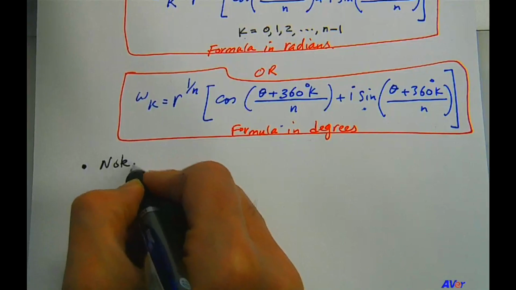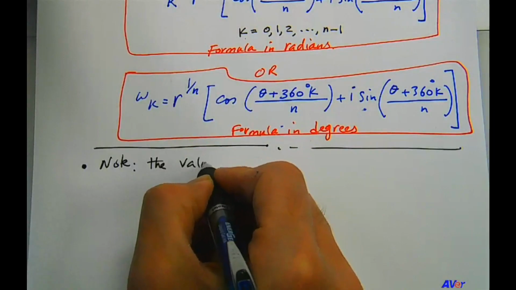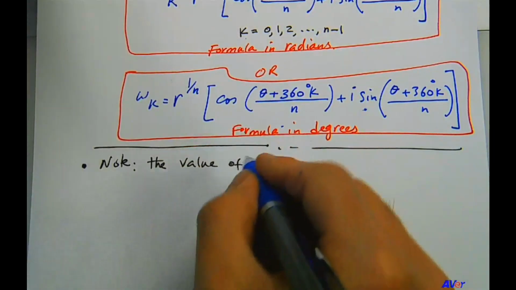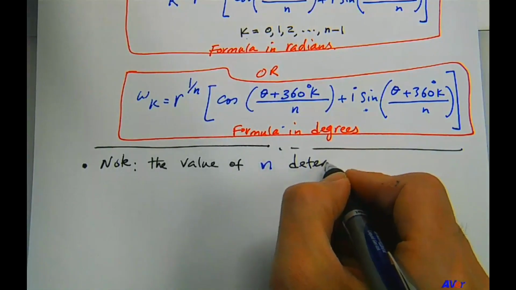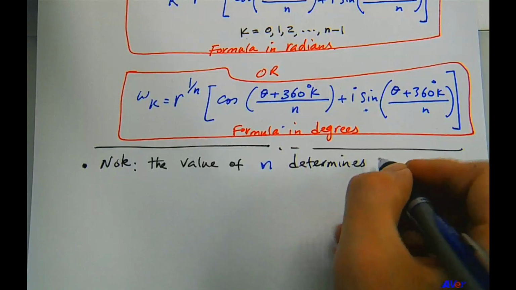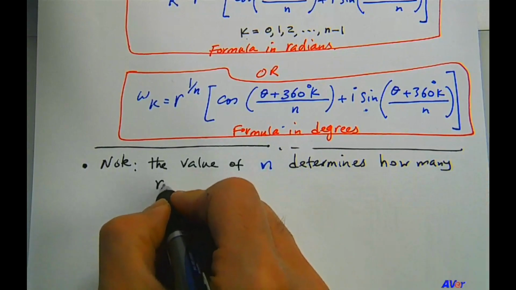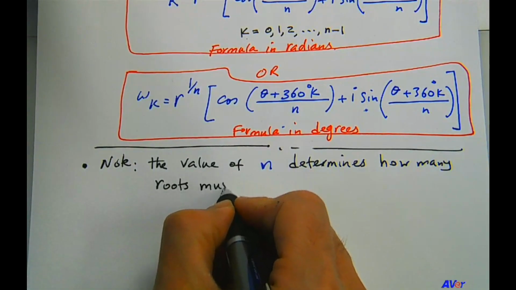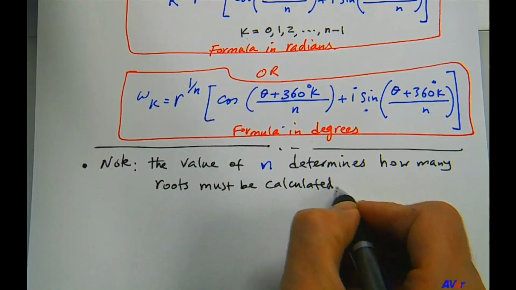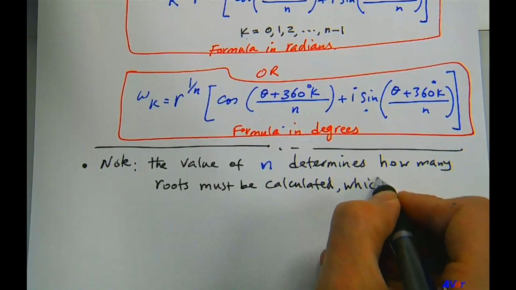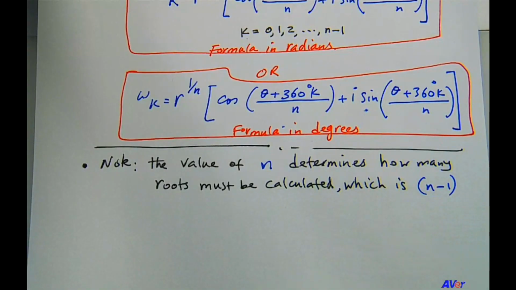So note that the value of n determines how many roots must be calculated, which is n minus 1, right?